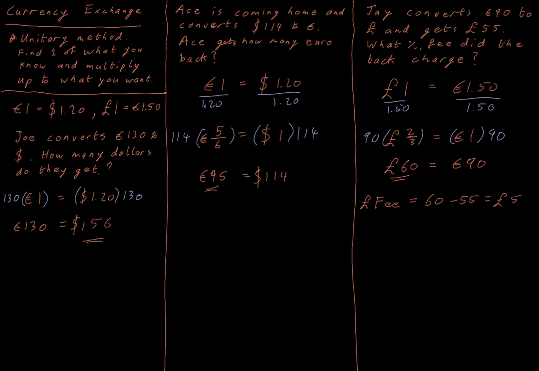Now we were asked for the percentage fee. So we're going to compare our fee to the amount of money that we actually gave the bank. So our percentage fee is going to be the £5 we got charged out of the £60 we gave them. We gave them euro, but that is equivalent to £60. And as our fee we calculated was in pounds, we are going to continue to work in pounds. You could convert this £5 back to euro and compare it to €90, and you will get the same answer.